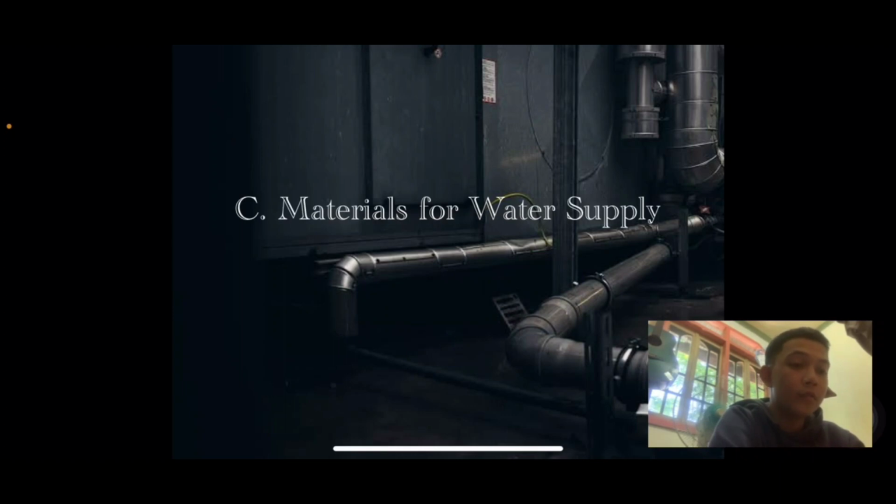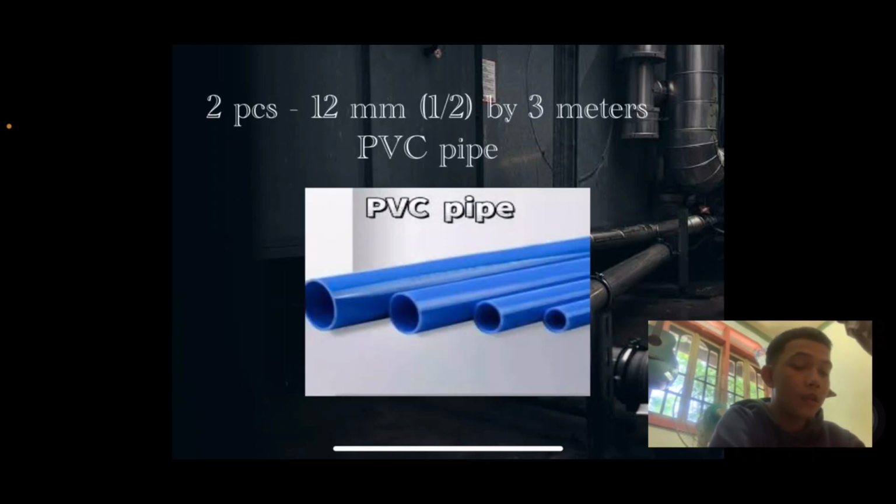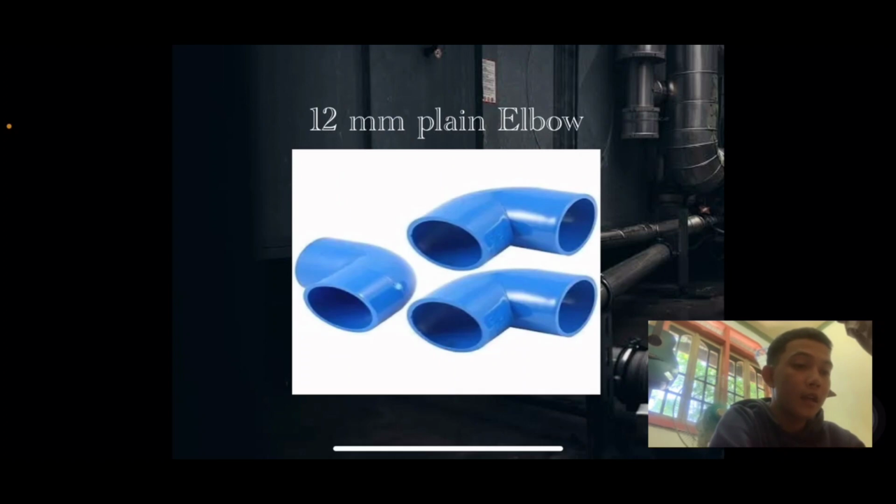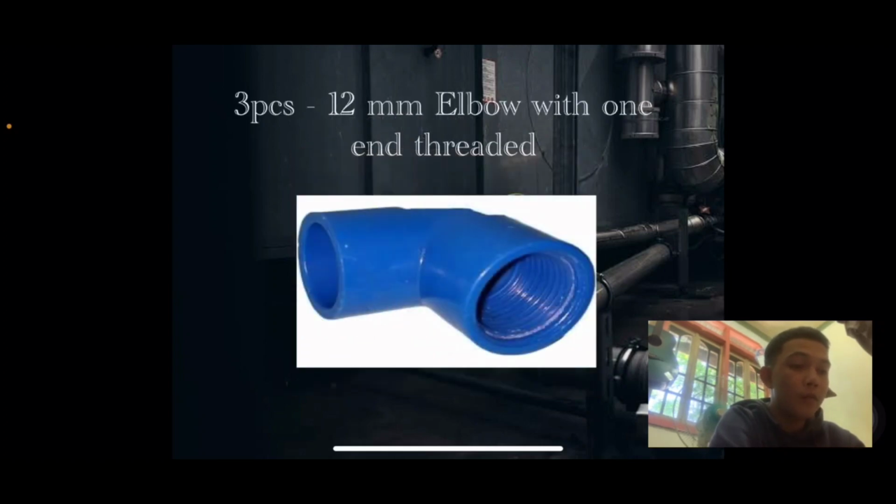Okay, yun. So, sa materials for water supply naman is 2 pieces 12 mm 1/2 by 3 meters PVC pipe, 12 mm plain T, 12 mm plain elbow, and tatlong pirasong 12 mm elbow with 1 threaded.